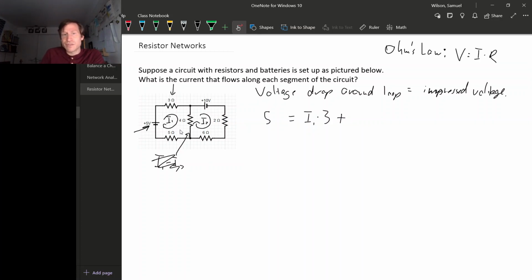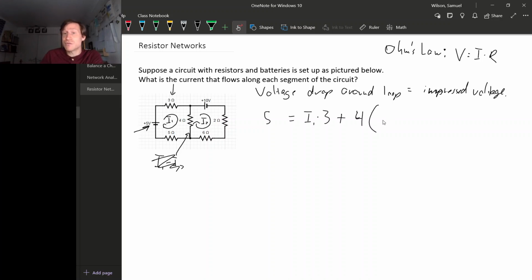Now we need to do the voltage drop across the second resistor here. For the second resistor, it's 4 ohms, and we have to multiply that by the current through this resistor. But remember, as we go around this left-hand loop, the current through this resistor isn't just I1. There's also I2 flowing through this resistor.